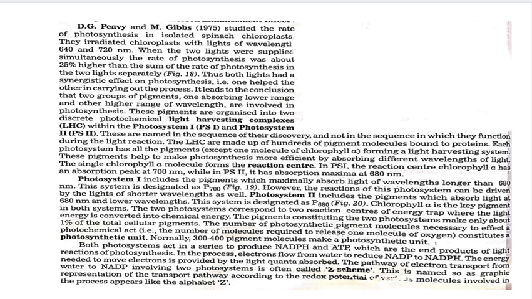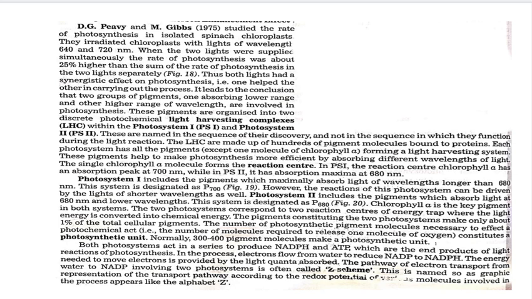Thus both lights had a synergistic effect on photosynthesis. That is, one helps the other in carrying out the process. It leads to the conclusion that two groups of pigments, one absorbing the lower range and the other the higher range of wavelength, are involved in photosynthesis.